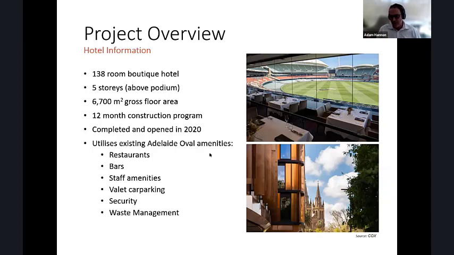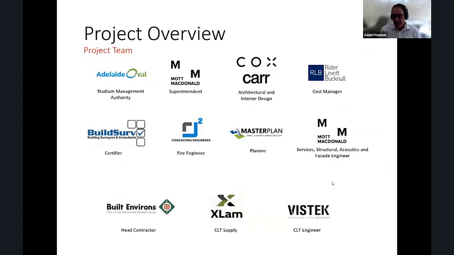It was finished in 2020 and was completed in a very quick 12-month construction program. This was only really possible, and if we look at all the project team members, at about 60% through the design, at an early tender, Built Environs won that tender, and with XLAM actually brought this idea of bringing a CLT structure into the project.